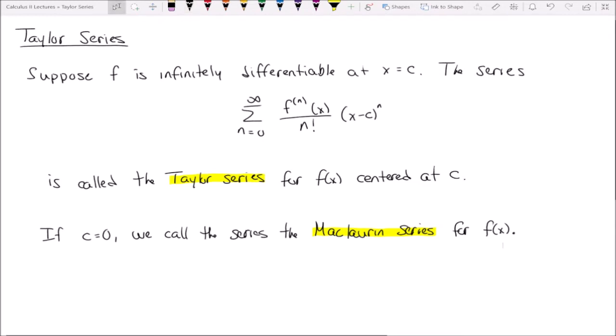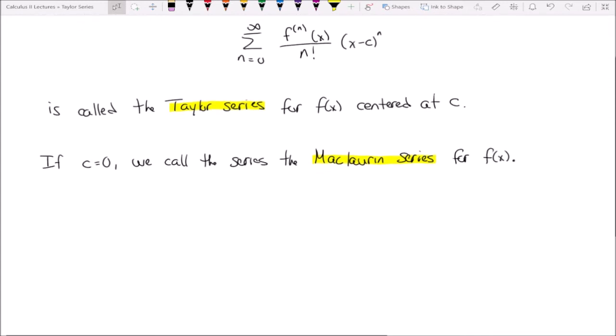What we will now do is show that the Taylor series is the only power series representation of a function centered at c.